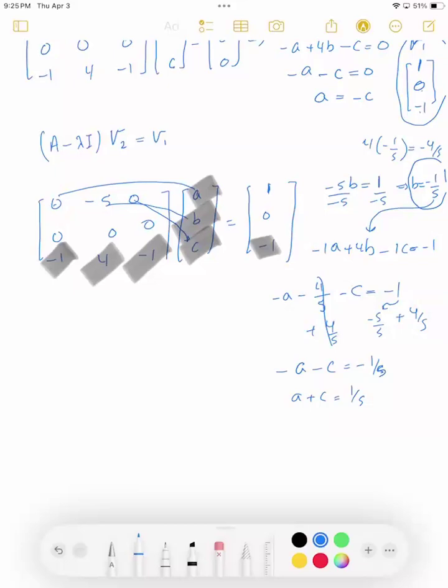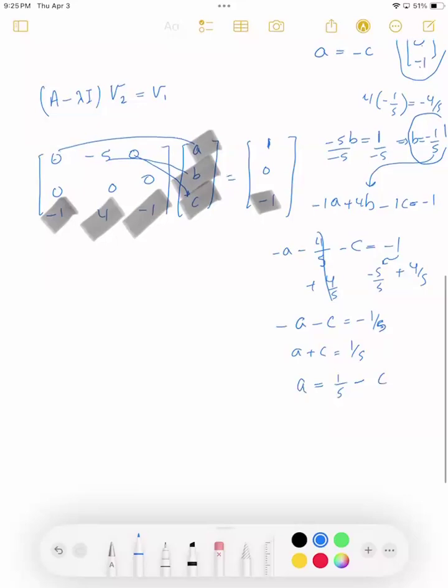So then we know that A is equal to 1/5 minus C, right? So, for instance, if I let C equal to 0, if I pick 0 for C, then A is 1/5.